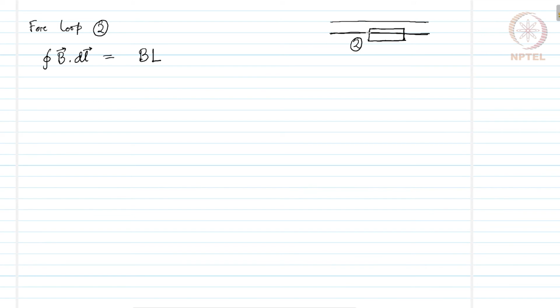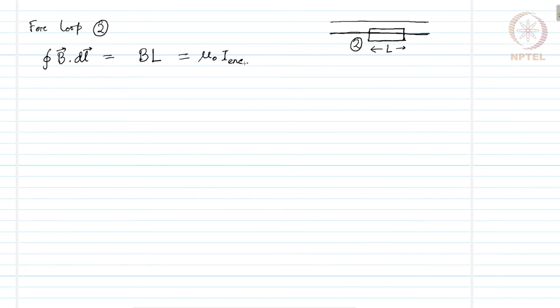So, this closed line integral of B dot dl gives us B times L, where L is the length of this rectangle, and that equals mu naught times the current enclosed. How much current is enclosed?